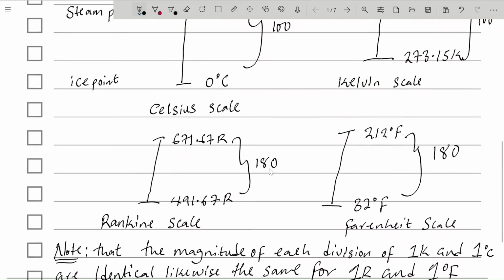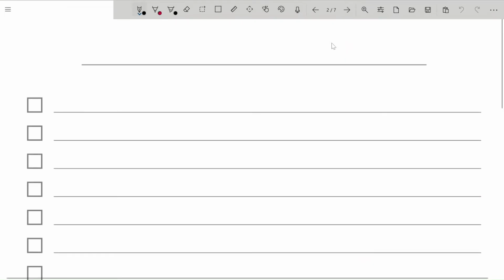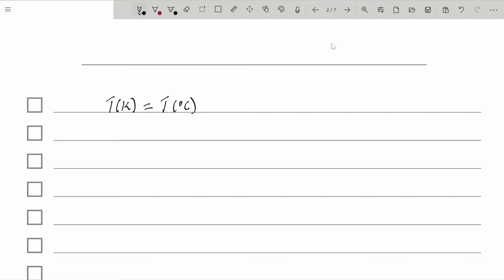So let me give you guys some equations which will make conversions very easy. There are 4 equations to this. Equation 1: temperature in Kelvin is equal to temperature in degree Celsius plus 273.15.